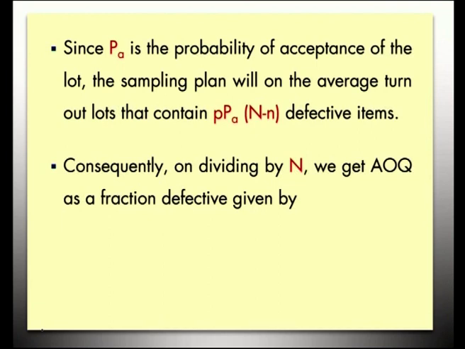Consequently, on dividing by N, we get AOQ as a fraction defective given by the formula P bar equals AOQ equals P into (N minus n) into PA divided by capital N. This is how the proportion defective or the fraction defective is calculated.